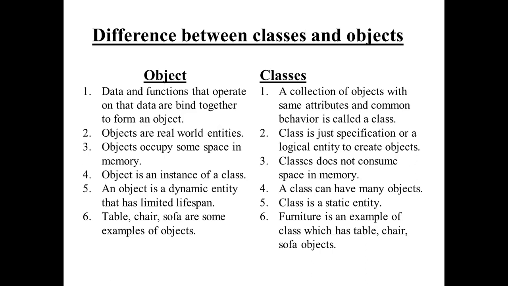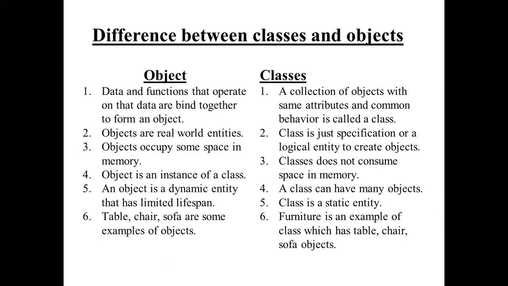A class is a static entity. Means when we create a class, it is static. Means the function we can modify, but it is static in nature. If we run or implement it one time, two times, three times, it will be the same. But an object is a dynamic entity and has a limited time span. When we create objects S1 and S2, S1 will have a limited lifespan.